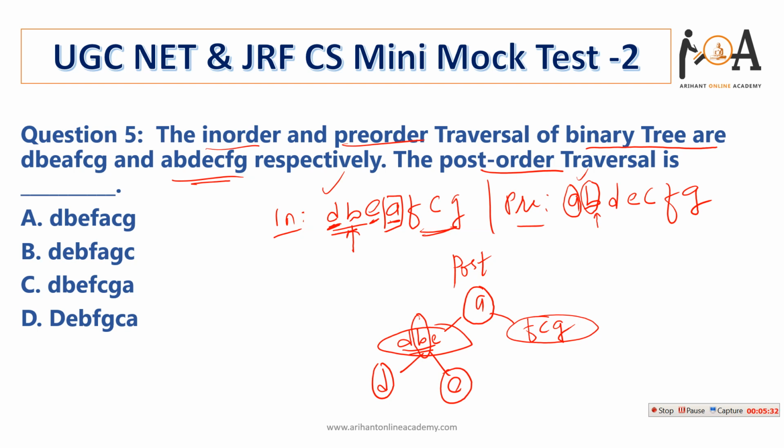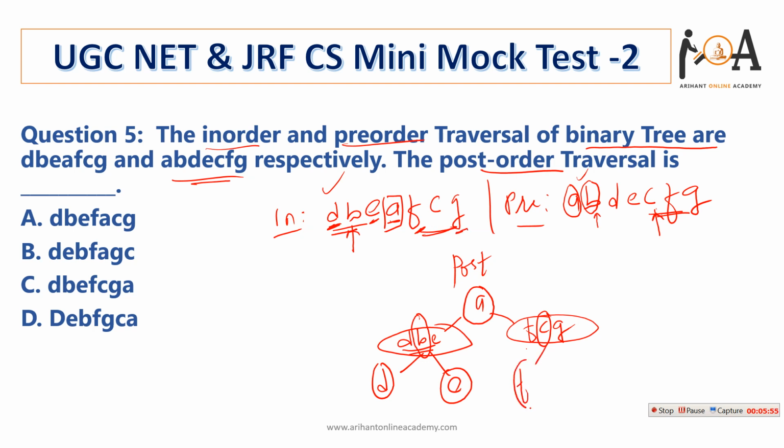Now on the right side, CFG is here, but out of CFG, C will be the next root, because C is coming first in the pre-order here. So F and G, you can say F is on the left side and G is on the right side.